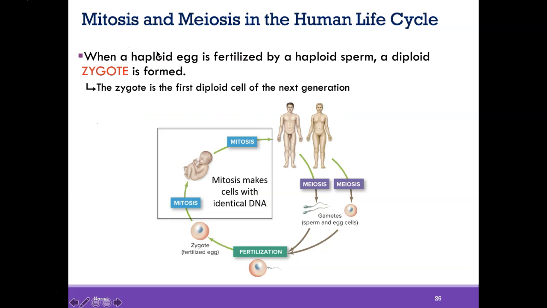When a haploid egg cell and a haploid sperm cell come together during fertilization, we get the first diploid cell, called the zygote, basically a fertilized egg. The zygote is the first diploid cell of the next generation. That diploid cell will continue to do mitosis throughout development until it becomes an adult, and only during puberty will meiosis start in these adult individuals to produce more sperm and egg.